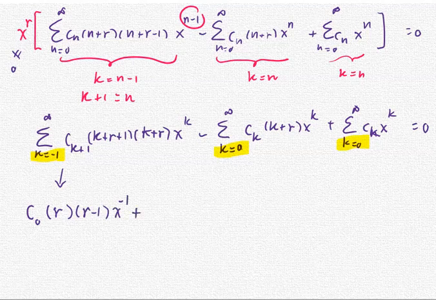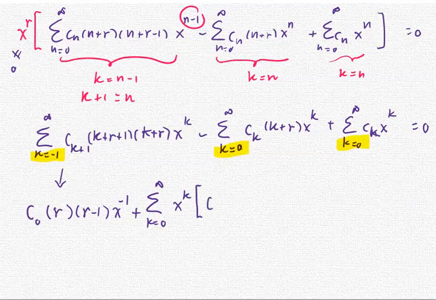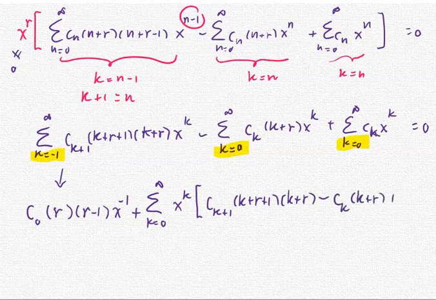That's an additional term. And then for the rest, they now have the common summation, k from 0 to infinity, with the factor x to the power k for all three terms. Now gather them together as c k plus 1, k plus r plus 1 times k plus r, minus ck, k plus r, plus ck equals 0.